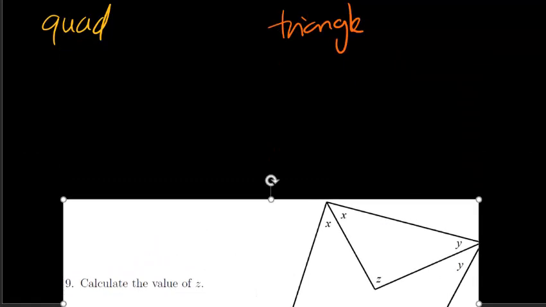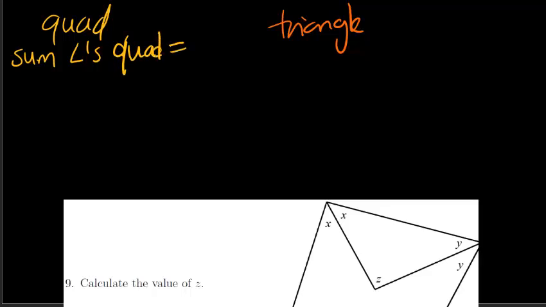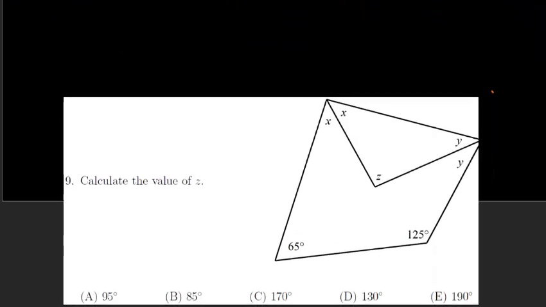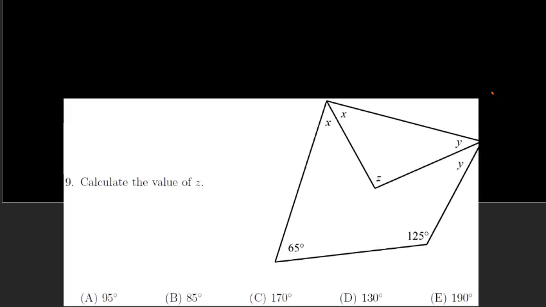The rule for quadrilaterals says the sum of the angles in a quad is equal to 360 degrees. The rule for a triangle says the sum of the angles in a triangle is equal to 180 degrees. I'm going to use both of those. So let's go back here and we say, okay, in my quadrilateral, I have 65 and 125.